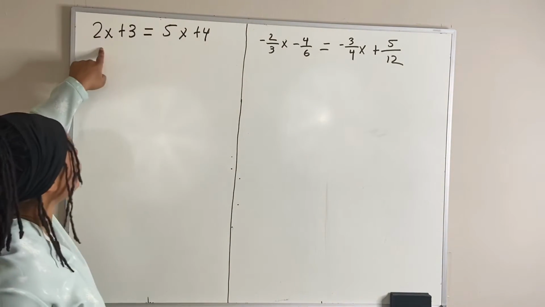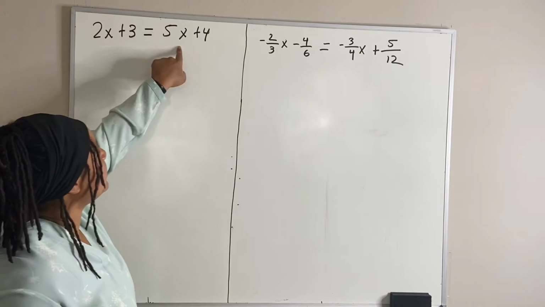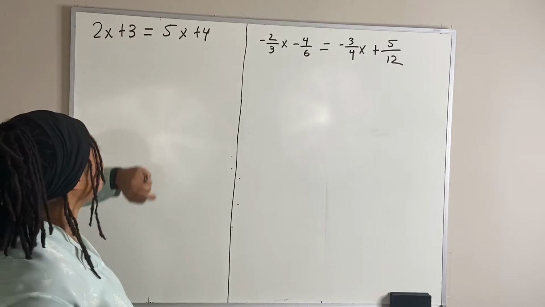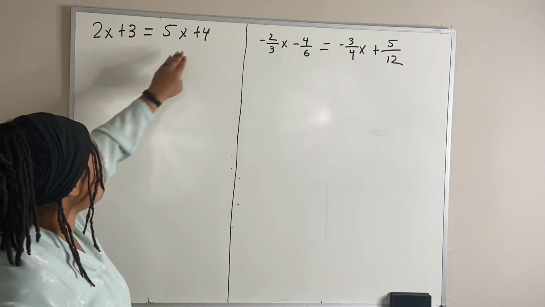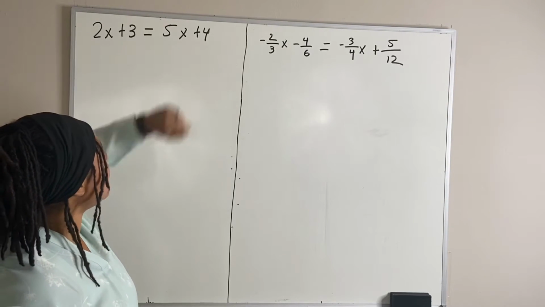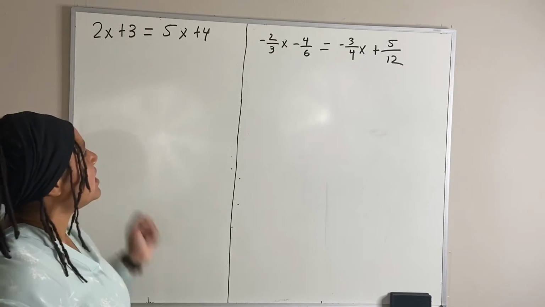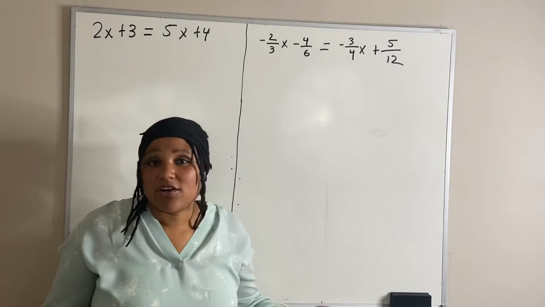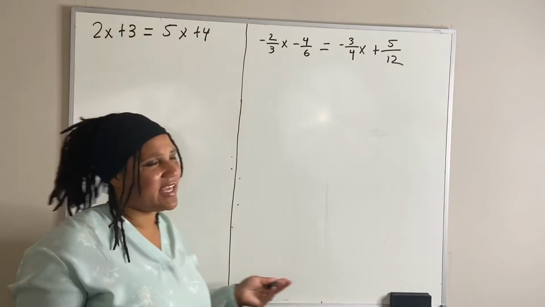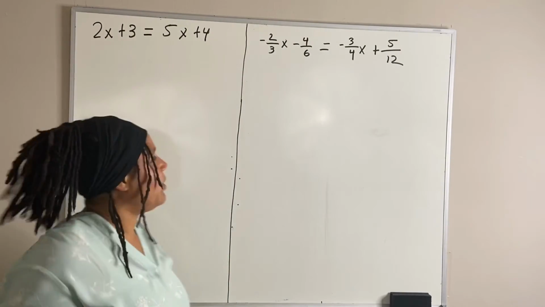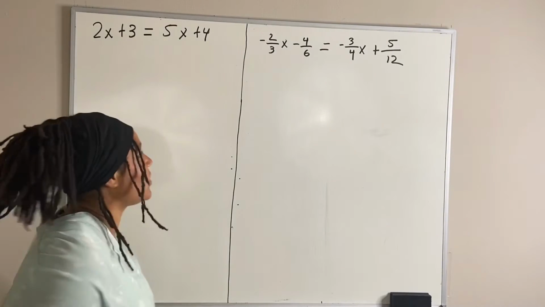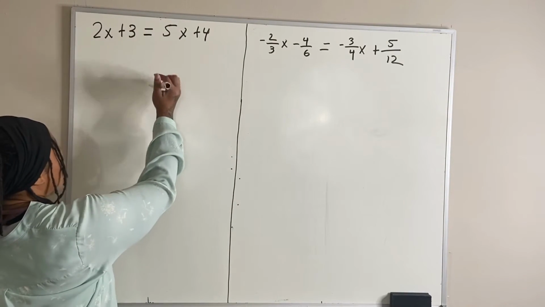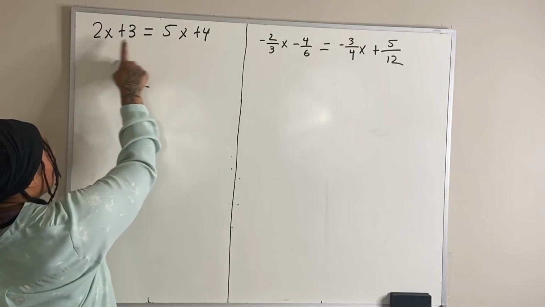Okay, so we have an x attached to the 2 here, and we have an x attached to the 5 here. You can either move the 2x on this side or the 5x on this side. Sometimes it does not matter, but for the sake of being consistent, how about we move our x over here? So what we're going to do is subtract 5x from both sides.